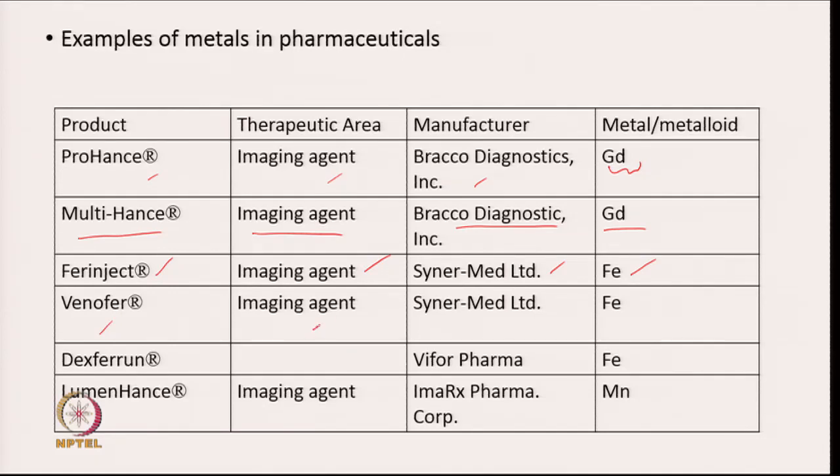Venofer is an imaging agent, again from Sinerem Med Limited, and here again iron analysis is done. Dexferrum is from Vifor Pharma, and again iron is involved, so analysis of iron is being done. LumenHance is an imaging agent from Imarx Pharma Corporation, and here analysis of manganese is done.